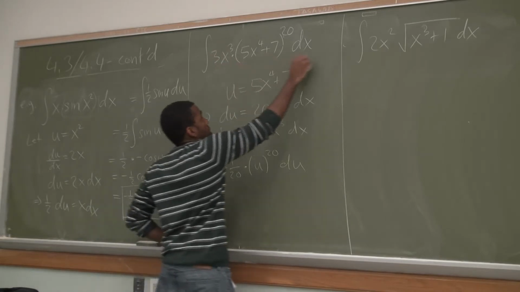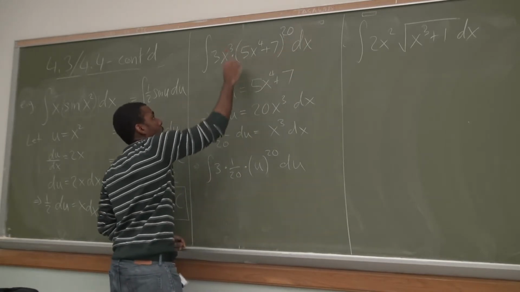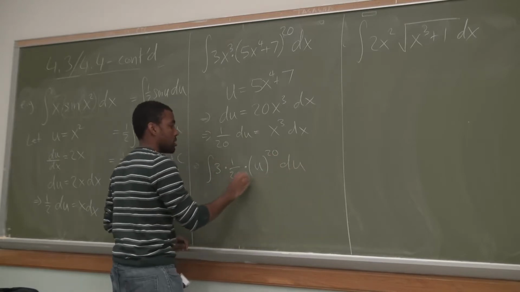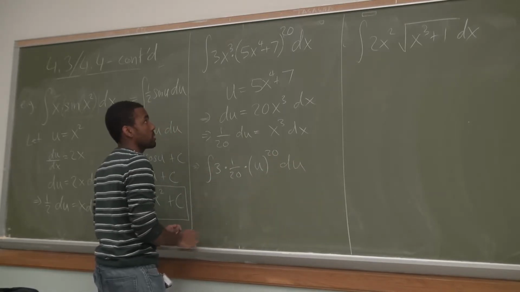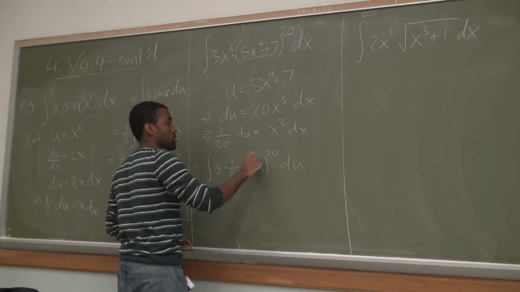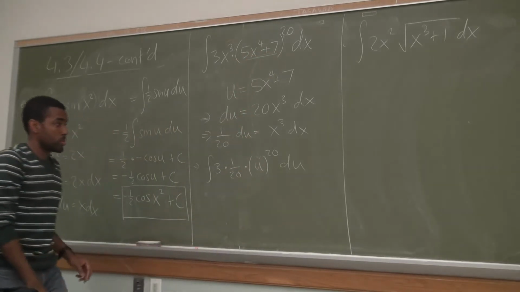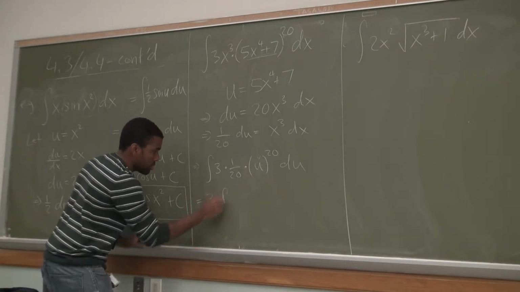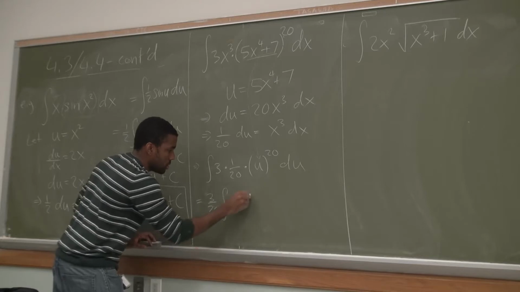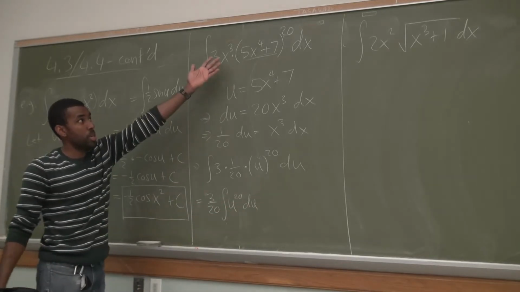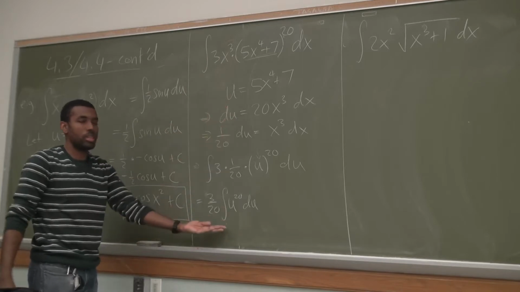And then the 5x to the fourth just becomes u. So now I can actually rewrite this guy, 3 over 20 times the integral of u to the 20 du. And now that looks like a power rule, right? So it was really complicated before, did a substitution, now it's really easy.